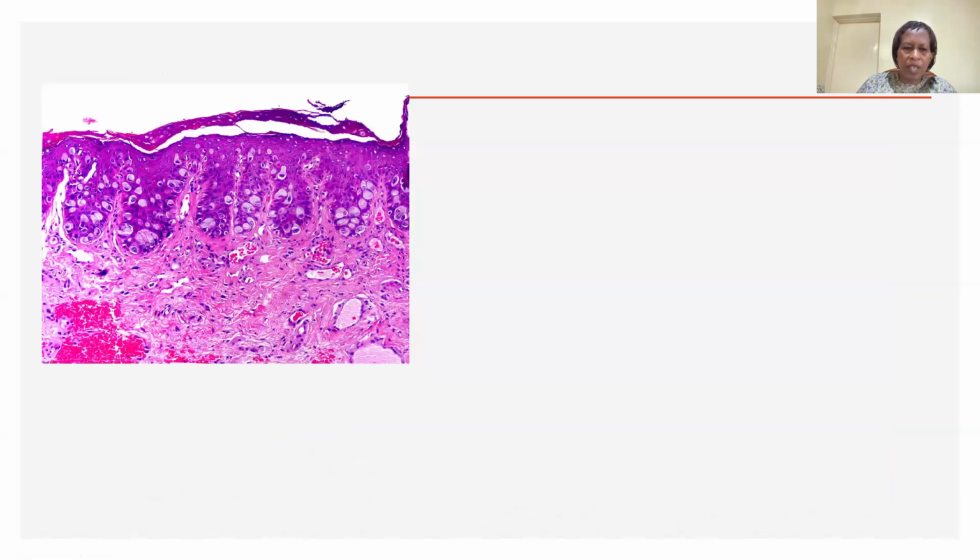On the higher magnification, you can see this differentiation of the cells, looking like apocrine glands in the epidermis. For this one, Paget disease was confirmed. Patient transferred to the breast specialist for proper management.